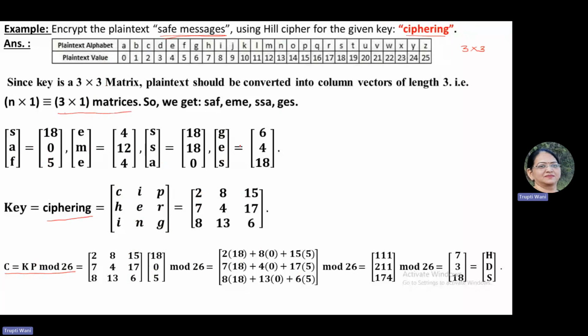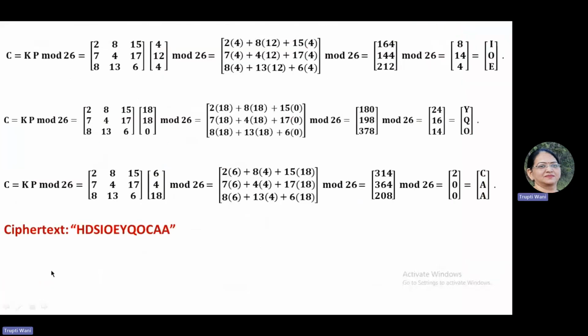This is a simple procedure for encryption. So we will get HDS as the ciphertext for SAF. Follow the same method to convert the next blocks, and at the end we will get the ciphertext for safe message.